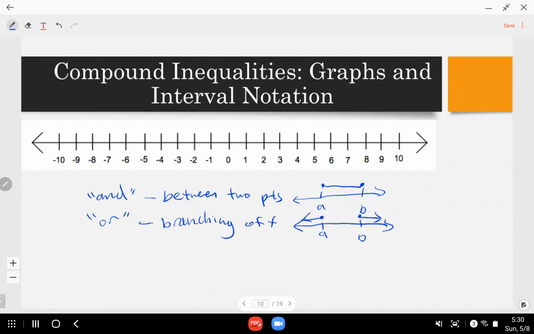For the interval notation, and is going to be from A to B. For the or, it's going to be from -infinity to A, union B to infinity.